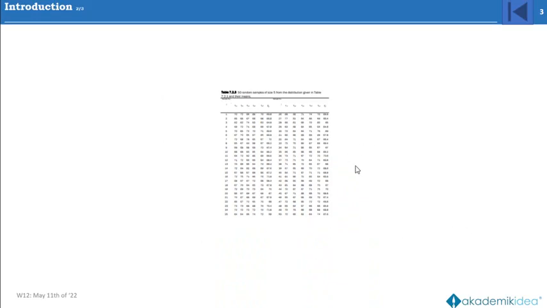The mean of these 50 samples is found as 68.032, and the standard deviation of these 50 sample means is 1.66.